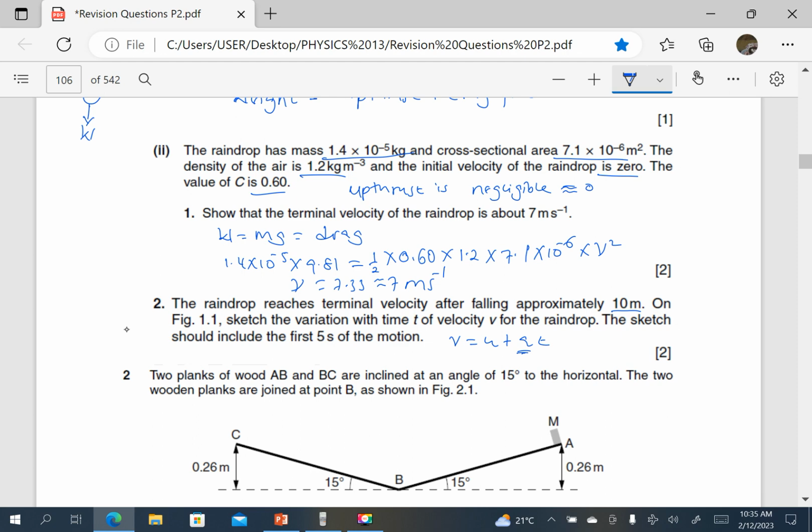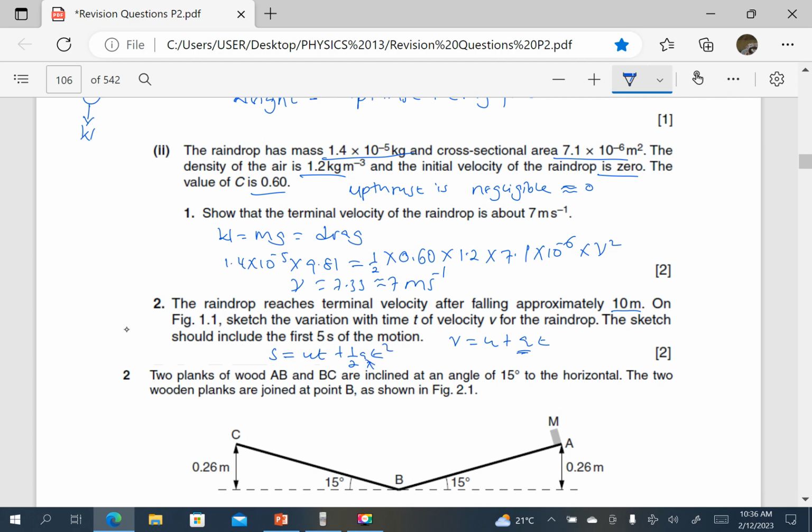So I'll use an equation which has distance. Let me use S equals ut plus a half at squared. Of course, at terminal velocity, acceleration will be 0.